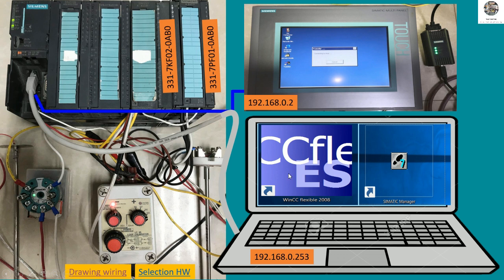Today I would like to show and share how to use SIMATIC Manager and WinCC Flexible to configure the analog input module. The first one is the analog input module 331-7KF02-0AB0.